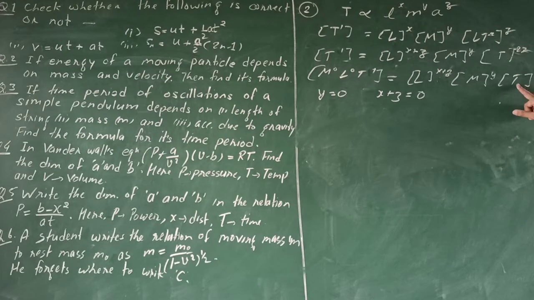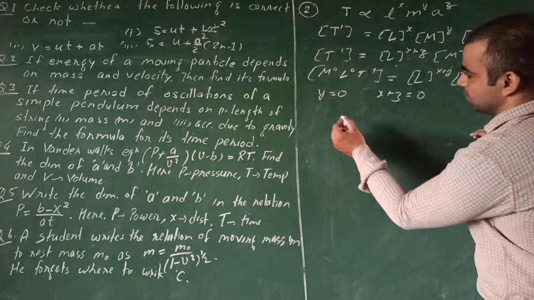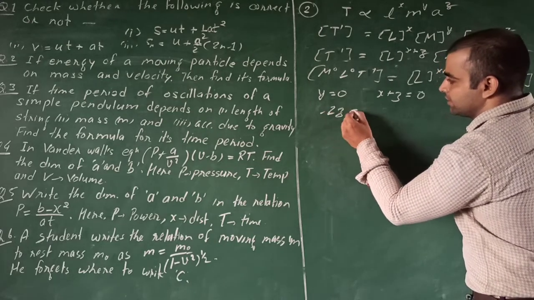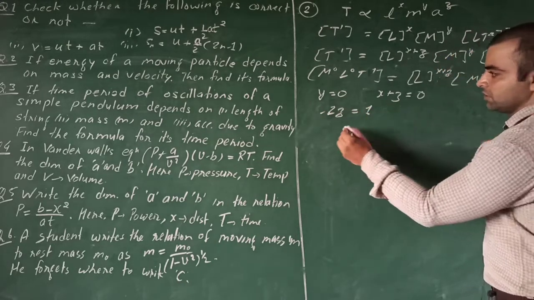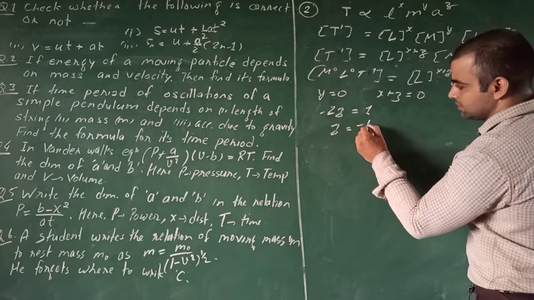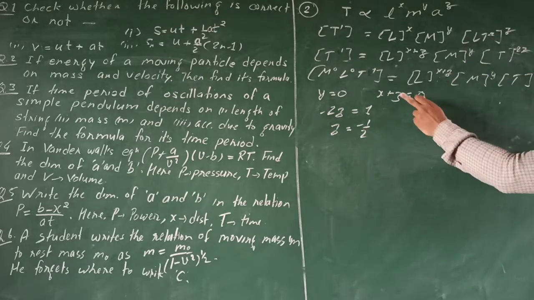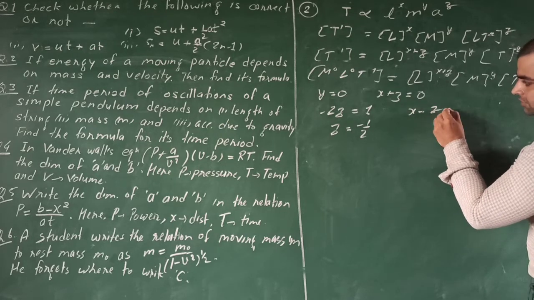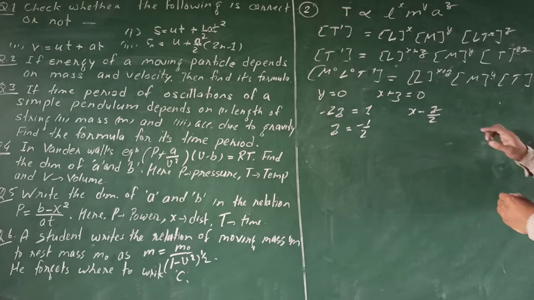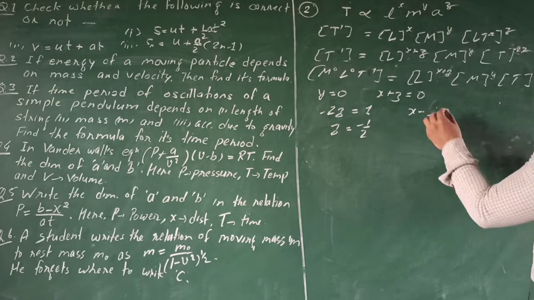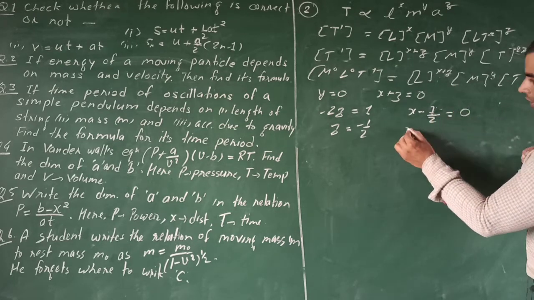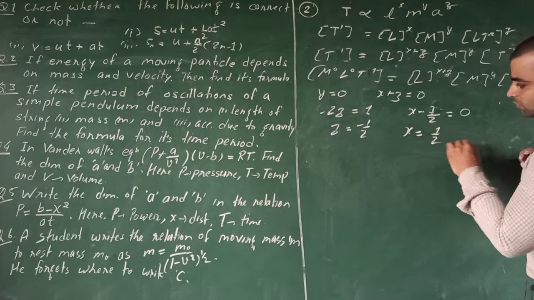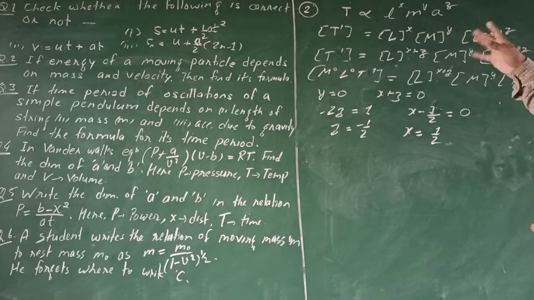And here power of time, minus 2z equals to 1. So z will be minus 1 by 2. Here put the value of z, x minus z, that means x equals to 1 by 2. Put in the formula.